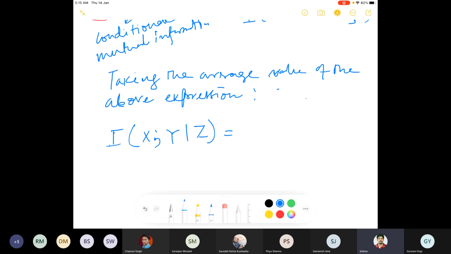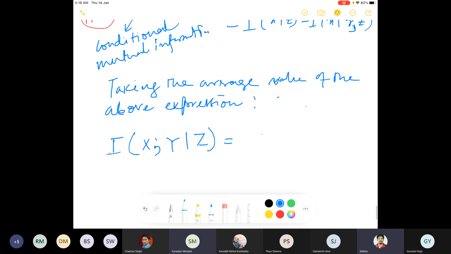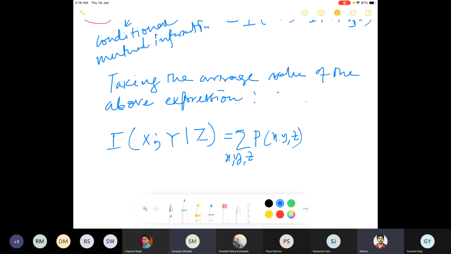If I want to take the average, what should the definition be? Average over what? Here, instead of two random variables, I have three random variables x, y, z. So we take the summation over x, y, z of p(x, y, z) times log of p(x given y, z) upon p(x given z).